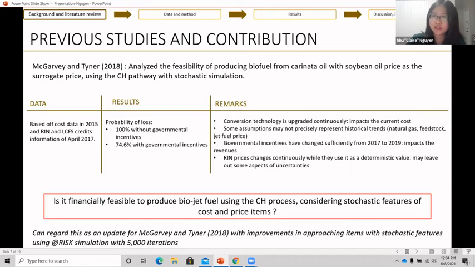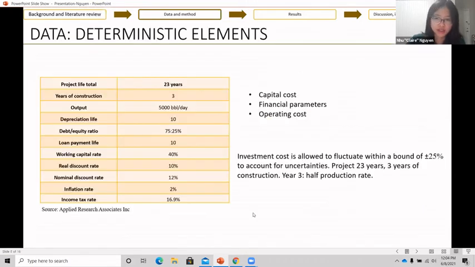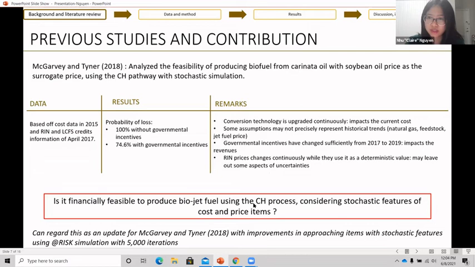In particular, the assumptions that they make for the natural gas price, the feedstock price, or the jet fuel price, in the sense that they don't follow the historical trends very well. And in our study, we follow the historical trends very closely, because we believe that the projection in the future would best follow the historical trends.